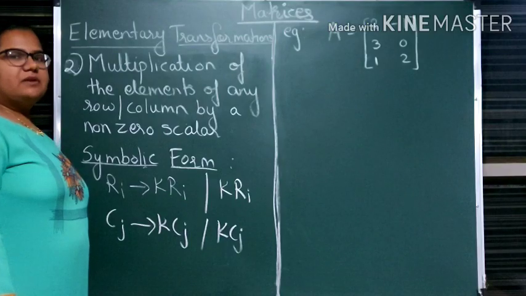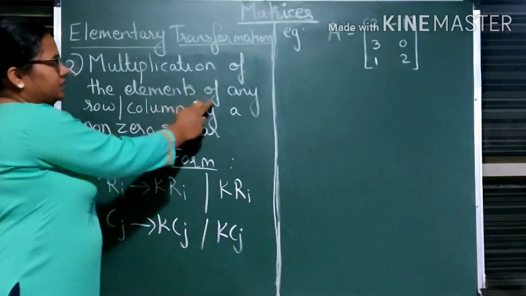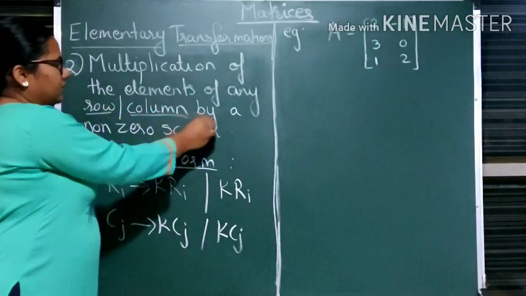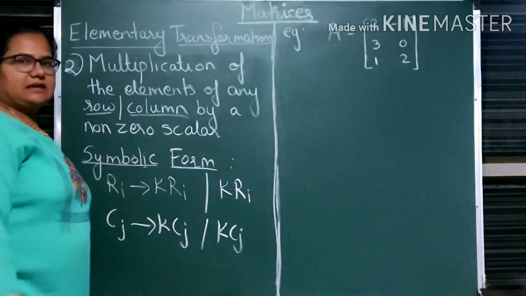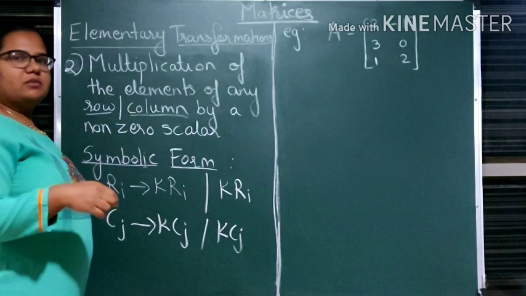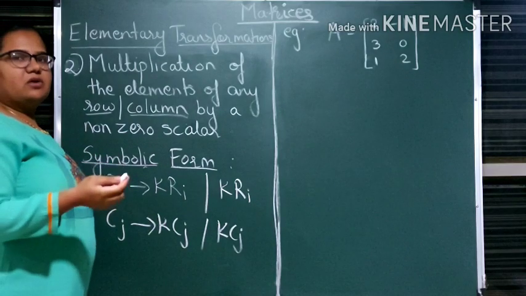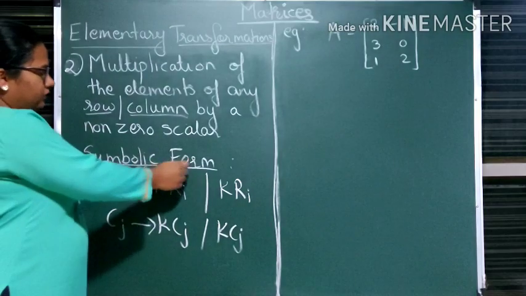Now the second elementary transformation we are going to study is multiplication of the elements of any row or column by a non-zero scalar. You know there are a number of elements in a row or in a column, so by a non-zero scalar you can multiply all these elements. What is the symbolic form here?